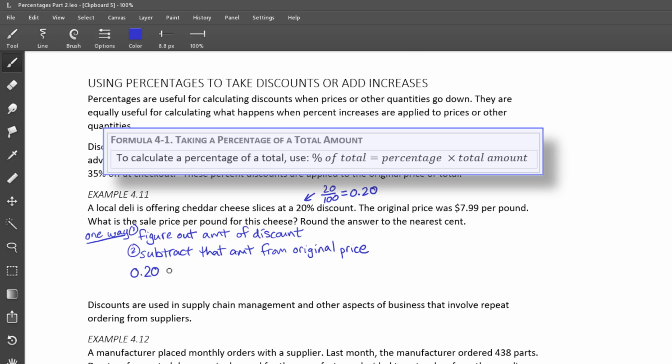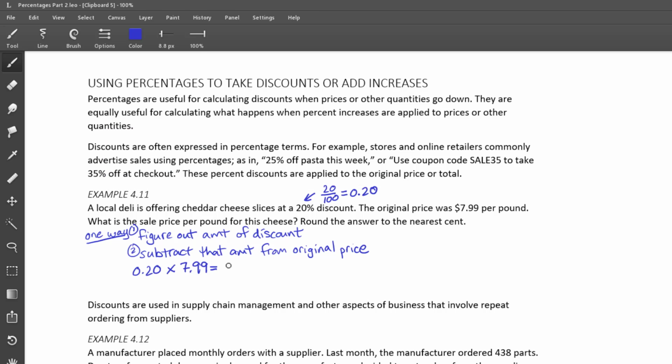This is using formula 4-1. So we take our percentage, 0.20, multiply it by the original amount, $7.99. That's the original price in this case. And we find that the discount, rounded to the nearest cent, is going to be $1.60.